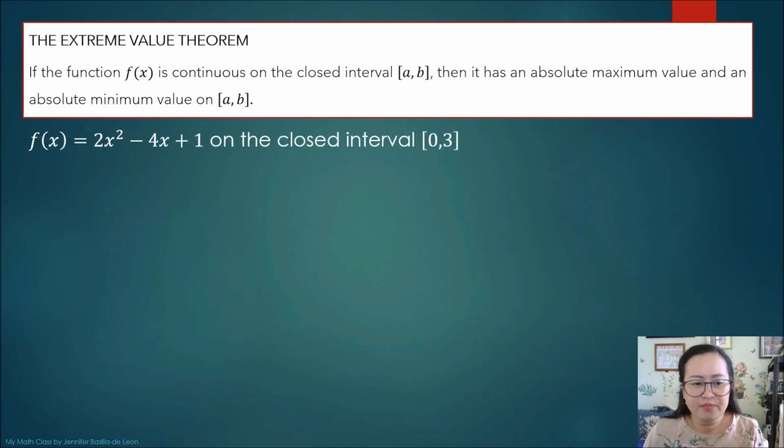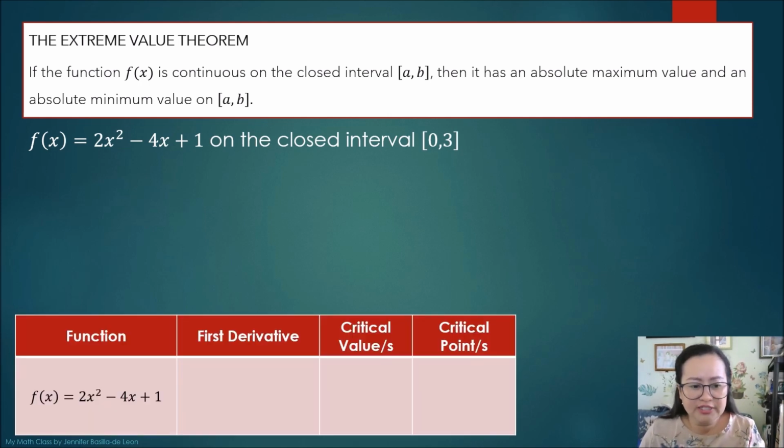Consider the given f of x equals 2x squared minus 4x plus 1 on the closed interval from 0 to 3. Based on this theorem, we can find an absolute maximum and an absolute minimum value on the interval 0 to 3.